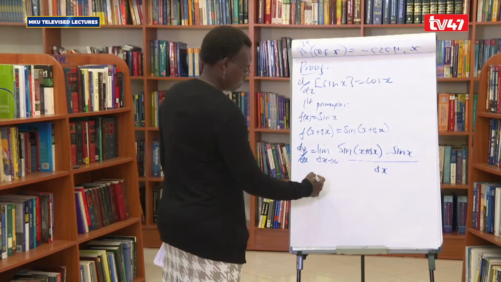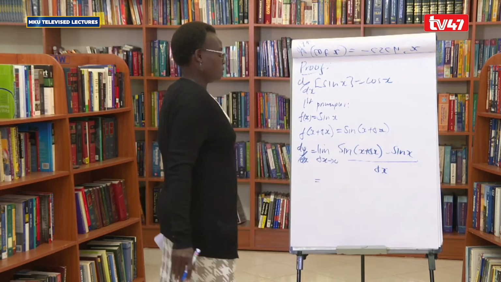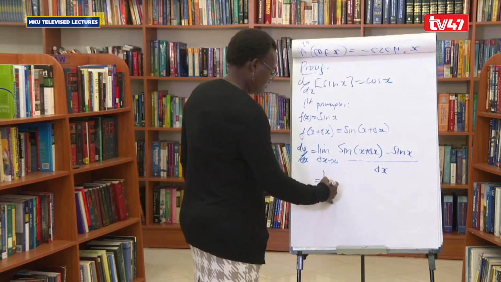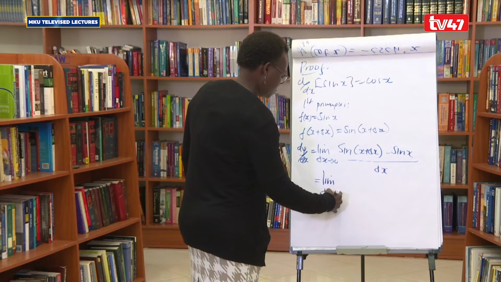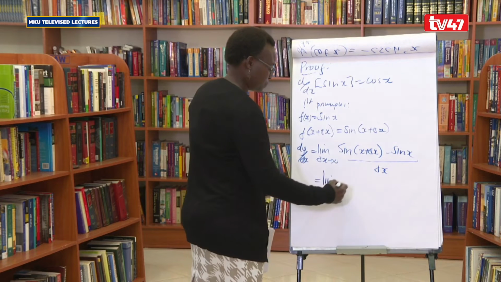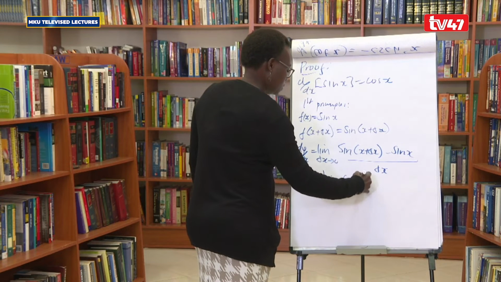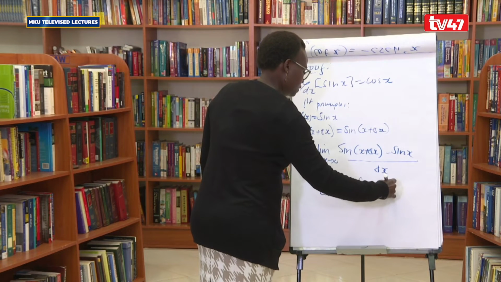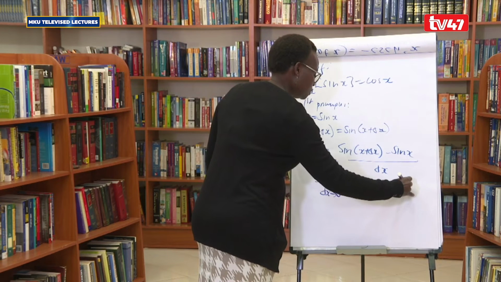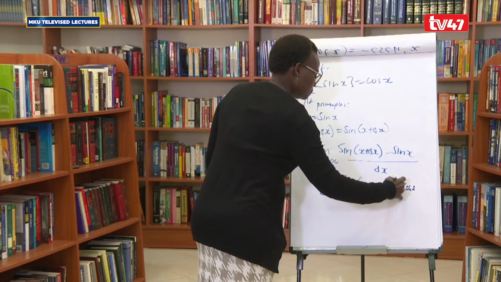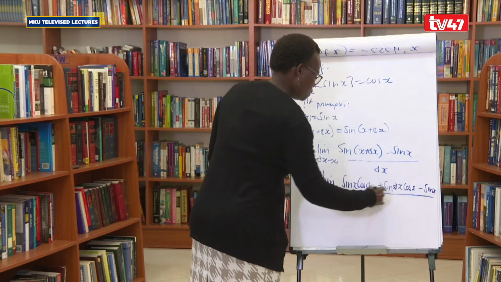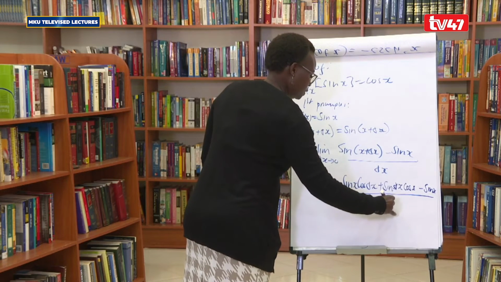From compound angles, that will give us the limit of sine x cos change in x plus sine change in x cos x, minus sine x, over change in x.